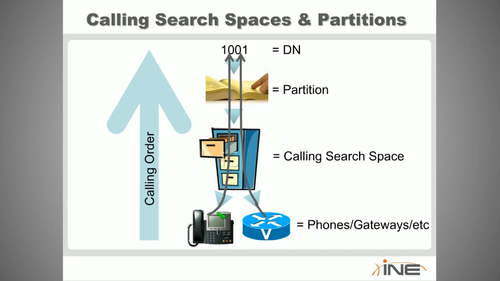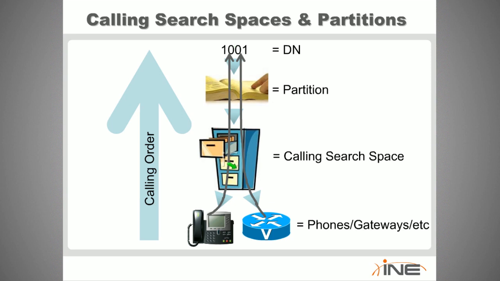I can also put it on the line page. Okay, that's true, but you are not putting the line, the DN, inside of a calling search space. You are putting the DN inside of a partition, even if you leave it the none or null partition. That's still a partition, and we'll talk about that in a moment.